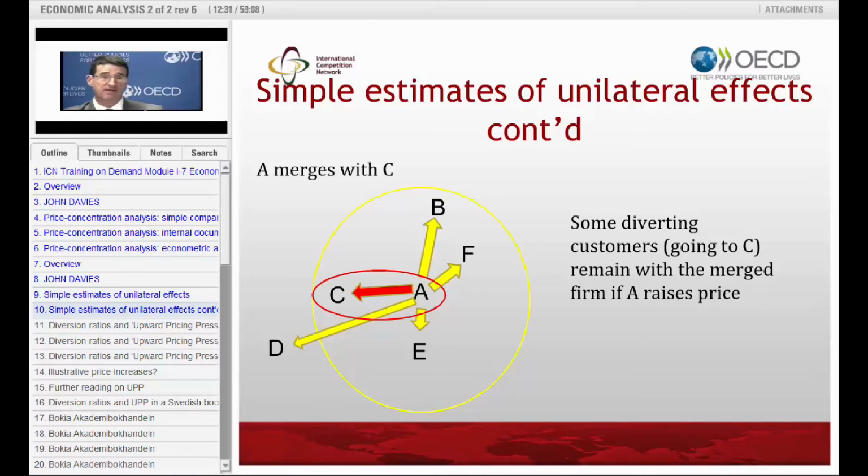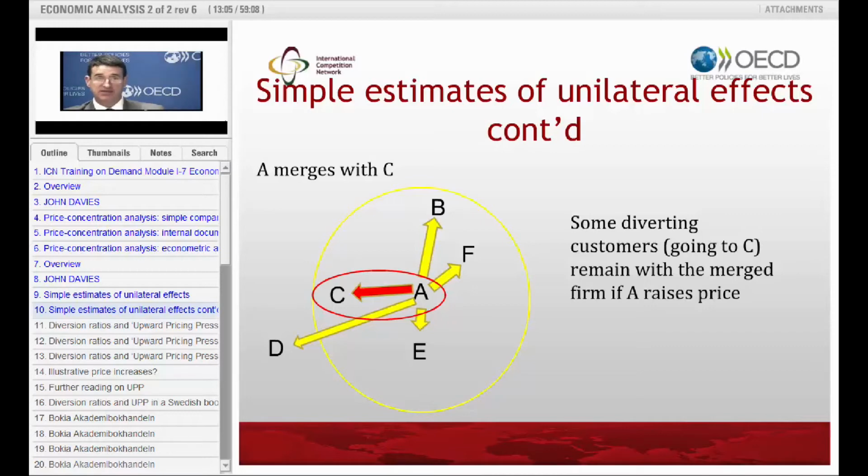And it's fairly obvious that the answer to that question basically depends upon two things. Firstly, what is the proportion of those customers leaving A who will go to C? That's called the diversion ratio. The higher the diversion ratio from A to C, the more customers who leave A because of high prices will continue to buy from the merged firm, so the greater the incentive to raise prices at A. And secondly, how profitable will those customers be for the merged firm when they start buying from C?